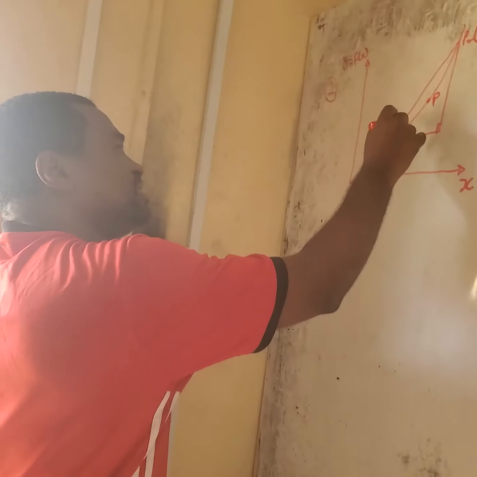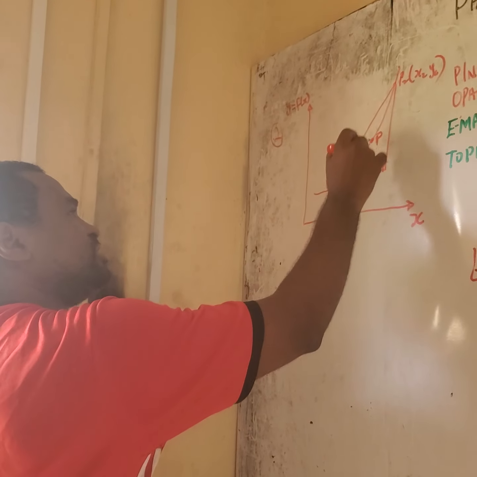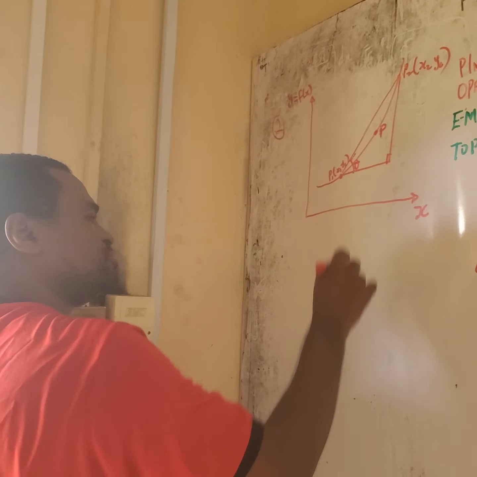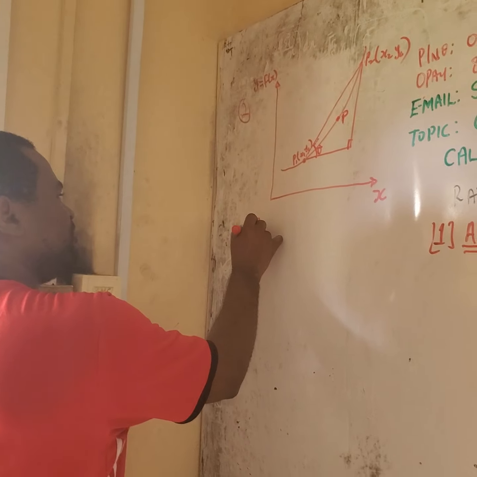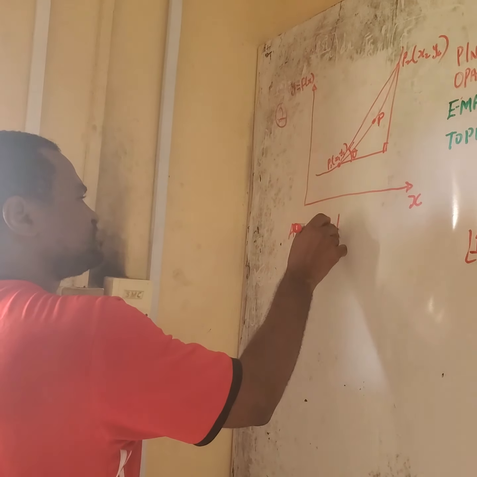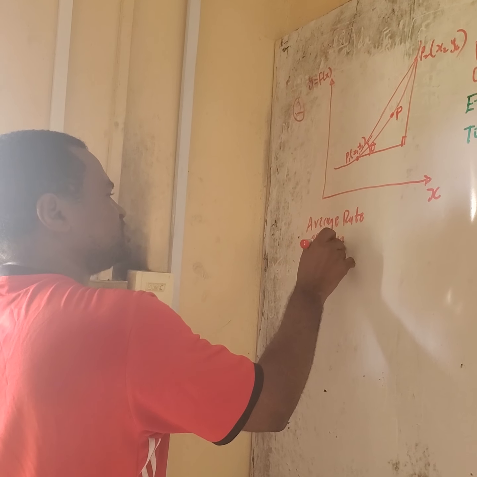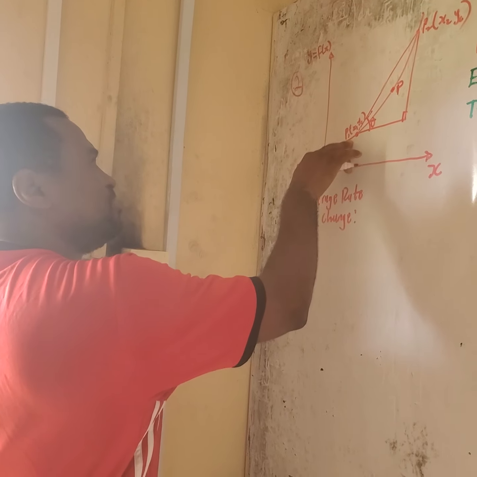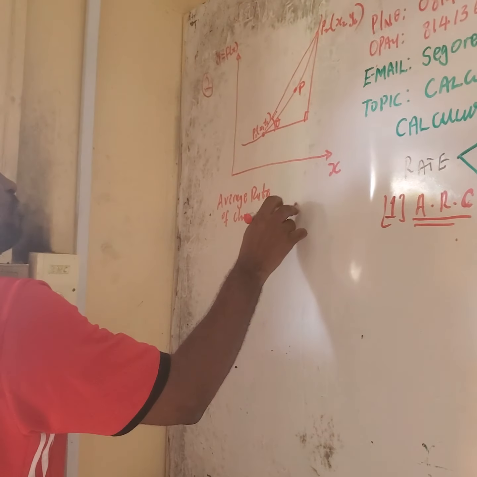You know that the slope is along a straight line. So the slope between point P1 and P2 is what we just did the other time. That is the average rate of change. This occurs between point P1 and P2, and is given as change in y over change in x.